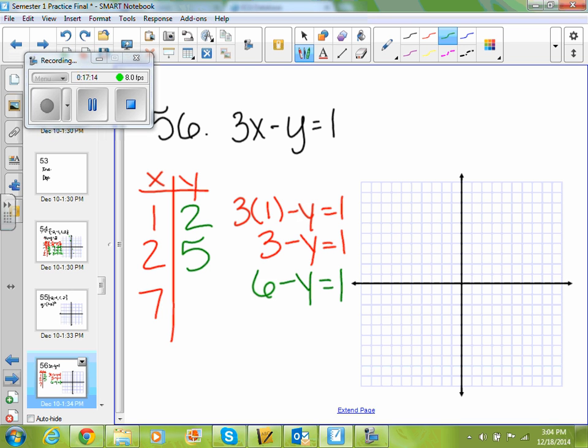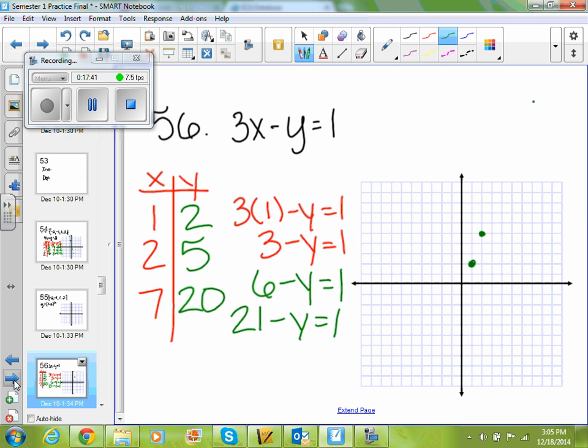And if I plug in 7, 3 times 7 is 21, so 21 minus y equals 1. What do I have to subtract from 21 to make it be 1? 20. Okay, so then if I graph that, over 1 up 2, over 2 up 5, over 7 up 20 would be somewhere way up there.